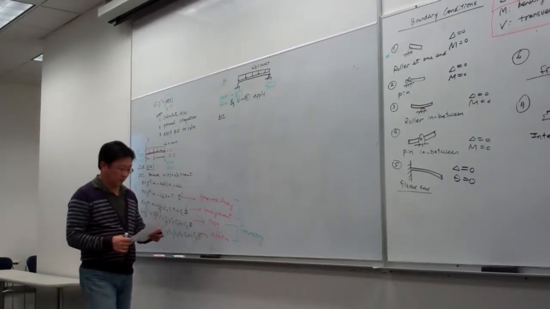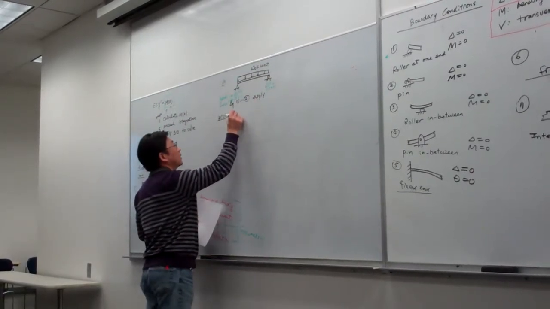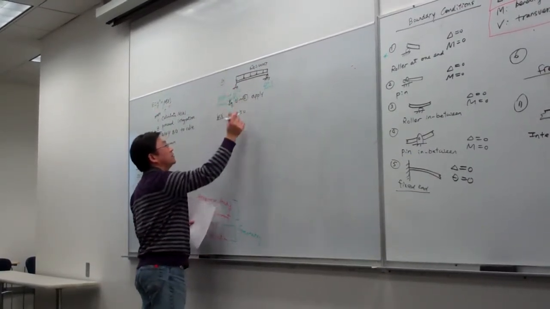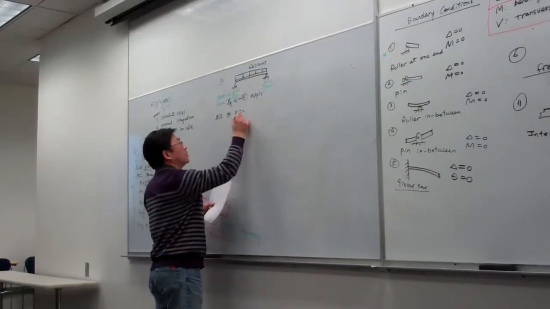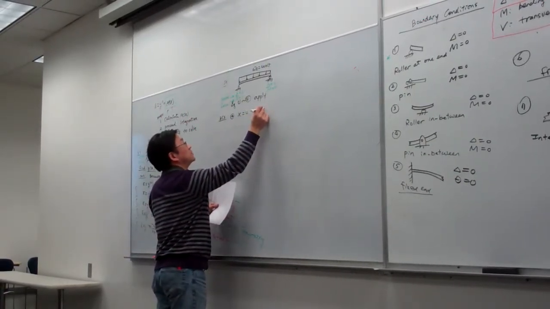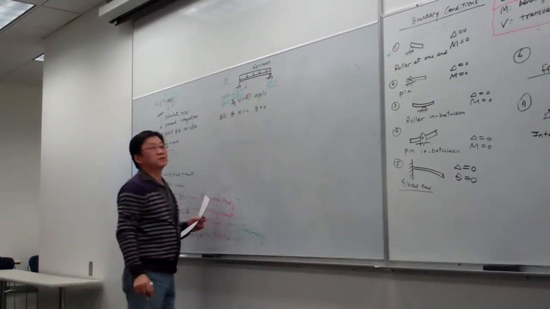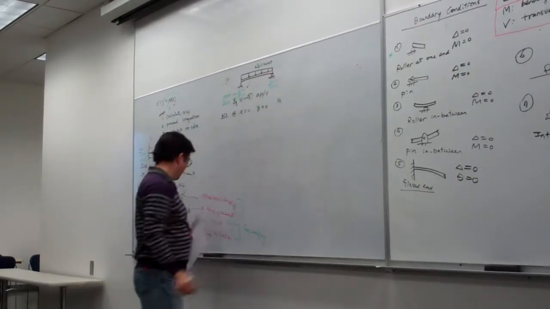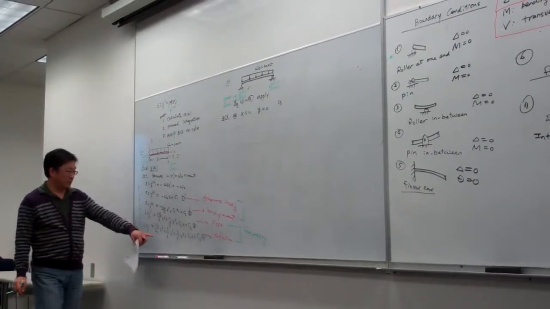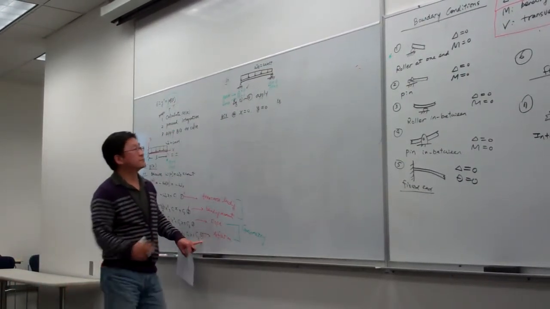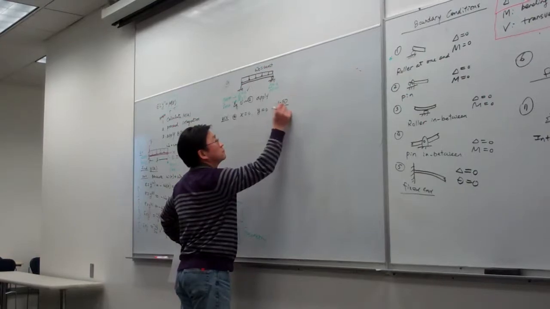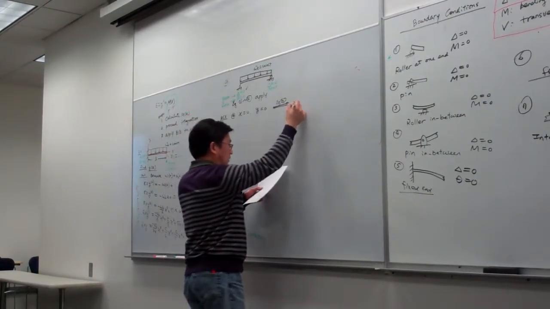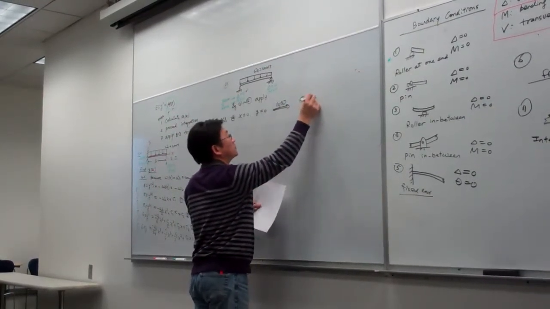So the boundary condition 1: at x equal to 0, this end, y equal to 0. That means right now I'm fixing this end. So using the equation for deflection, equation 4, here C4 equals 0.